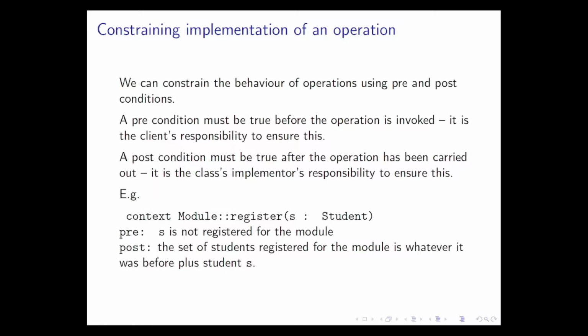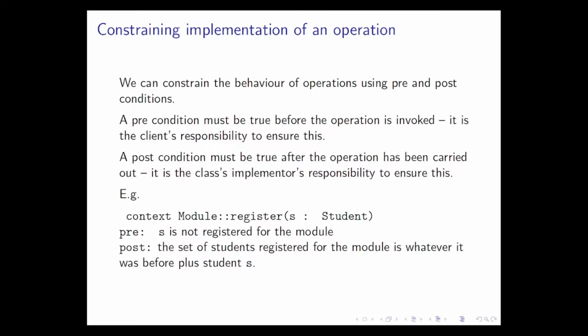And notice that in addition to the usual questions about whether the English is sufficiently unambiguous, we've also got strategic or design questions about exactly what we choose to write down in the contract. Now, I said in passing a moment ago that clients should not assume any more than is specified in the contract of an operation.